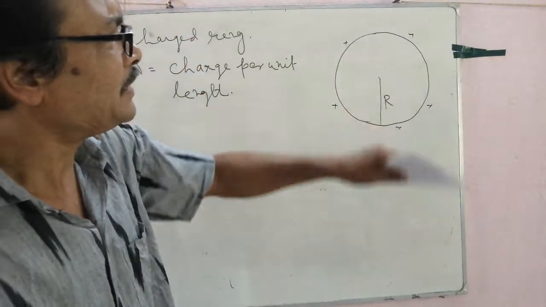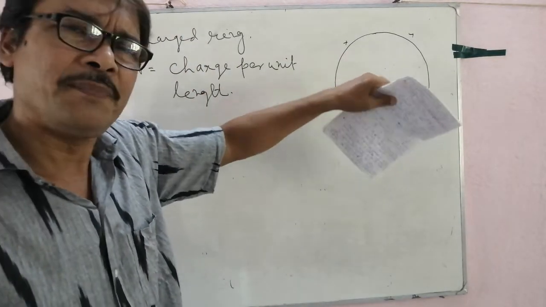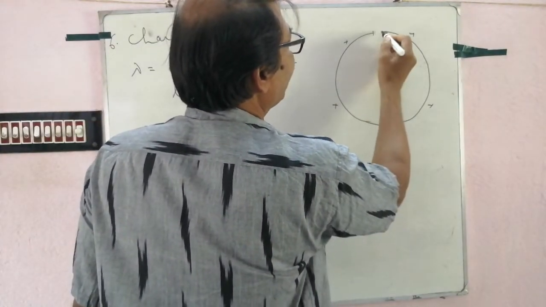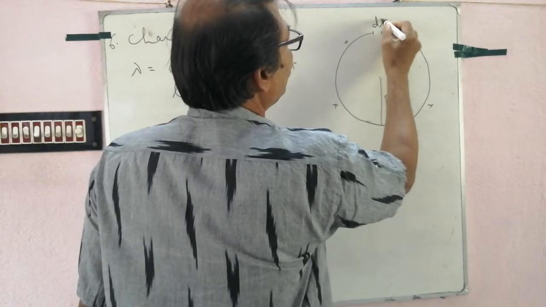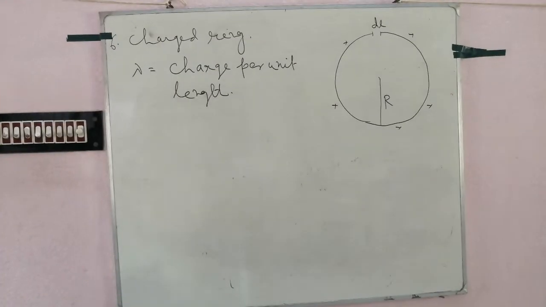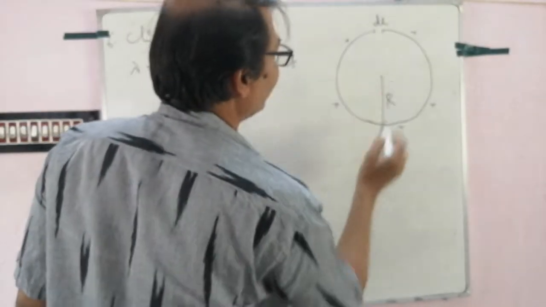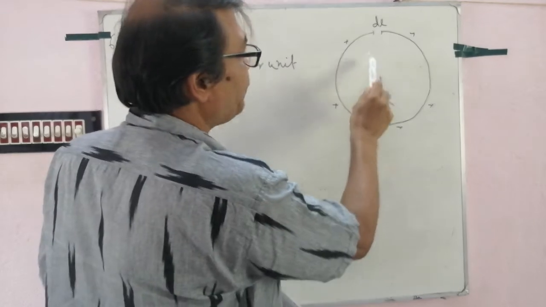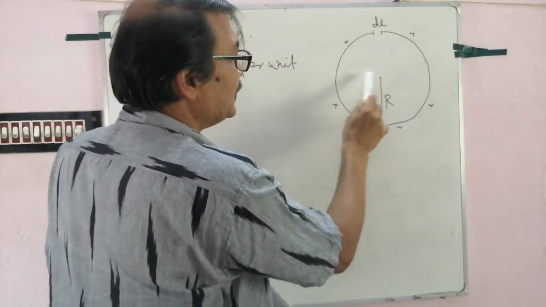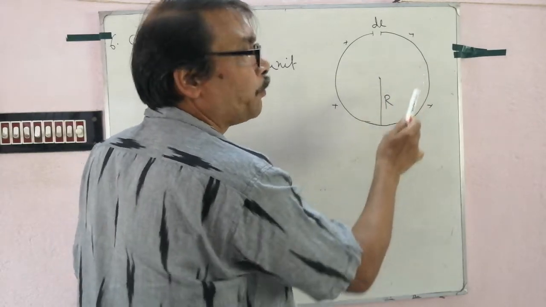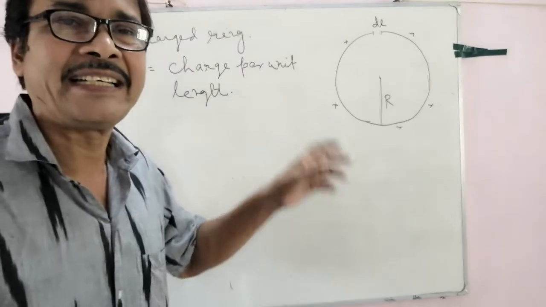Follow. At the center the field will be 0, but here a portion of length dl is cut. So what will be the field at P? The field at P due to a complete ring: there are pairs of opposite points, due to which the fields cancel each other.